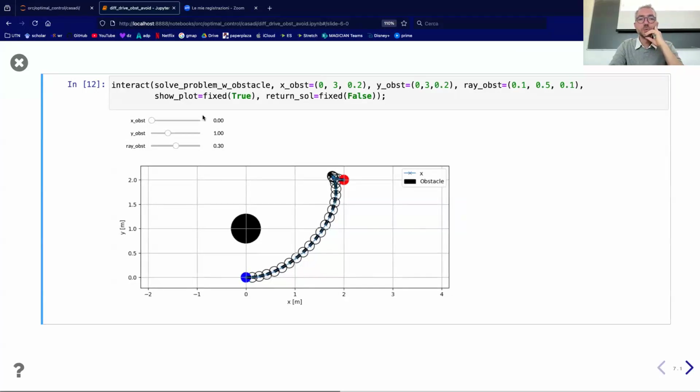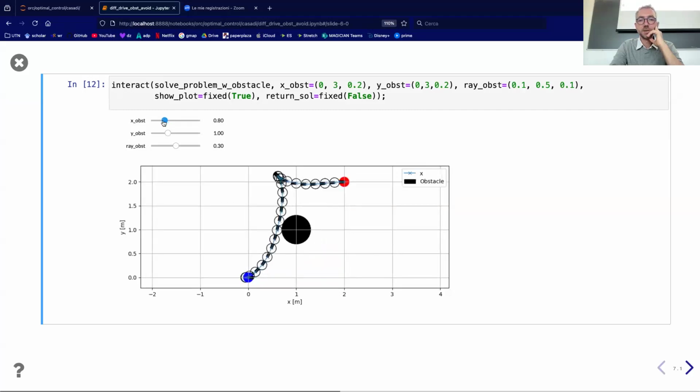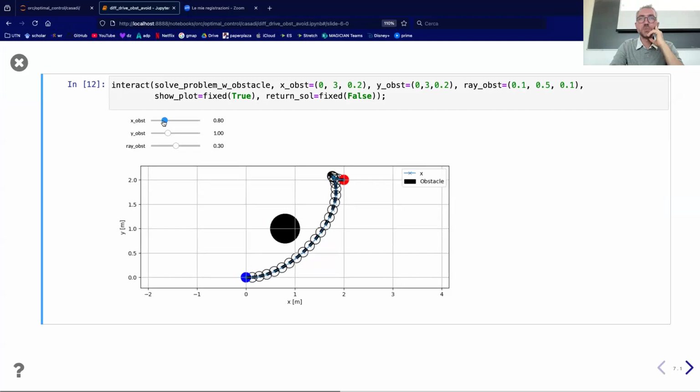So here it is, the new problem with the obstacle. The obstacle is this black circle, and we can move it around with the slider. And we can see that as soon as I move the obstacle, so if I move the obstacle here, the solution doesn't change because the obstacle is not colliding with the current solution.